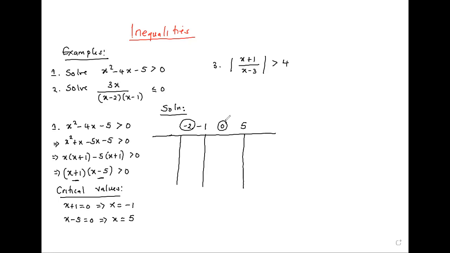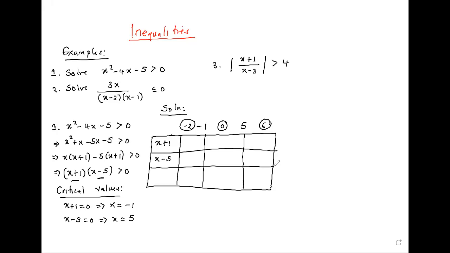We also look for a number that is bigger than 5. Let's say 6. Then you get these pieces, x plus 1. We also get x minus 5. And then we demarcate here. And then we have the P representing the product since we are multiplying these two.